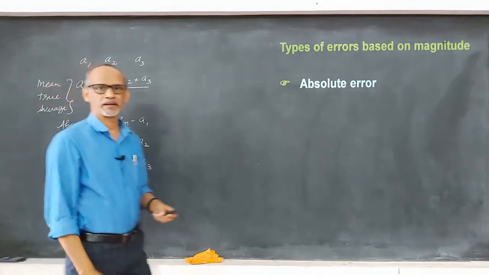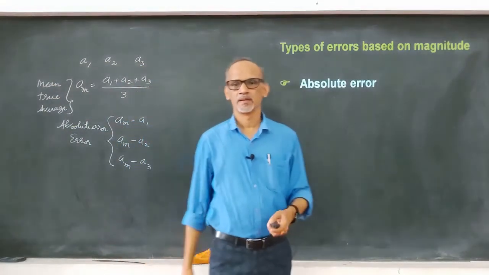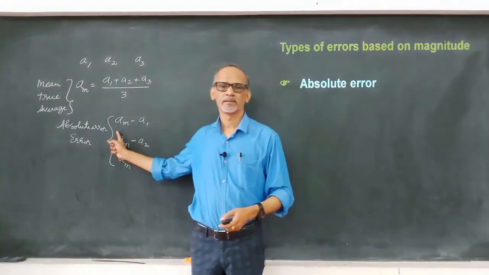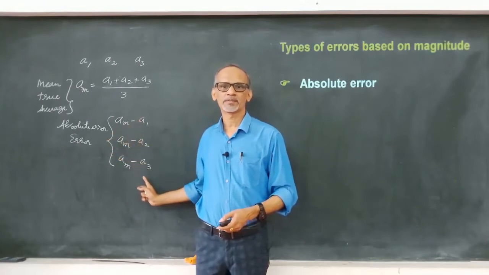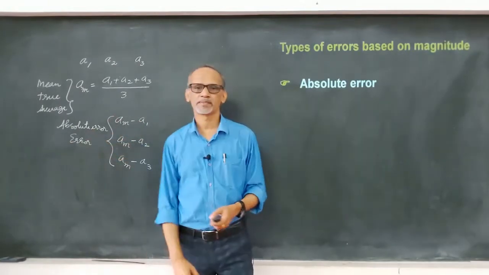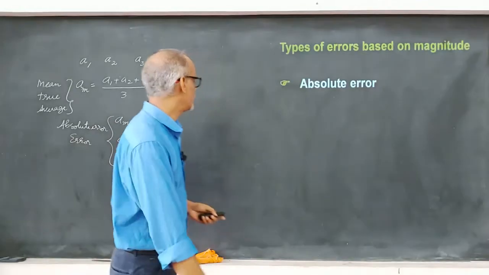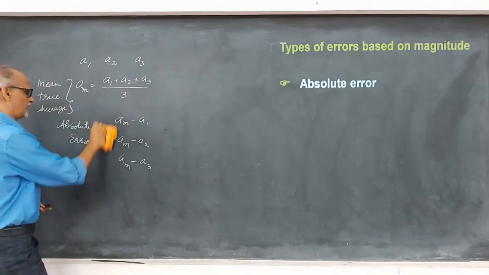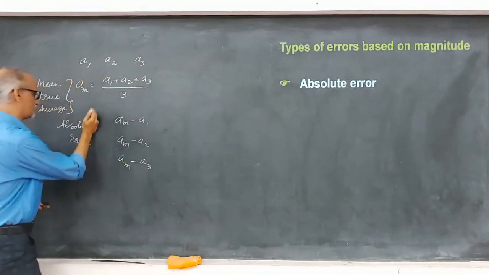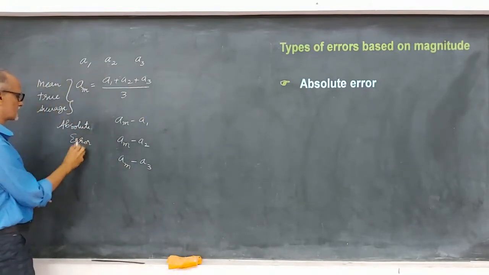So, what is absolute error? Absolute error is the difference between the true value and the individual measured value. We denote that by the symbol delta. This is absolute error.